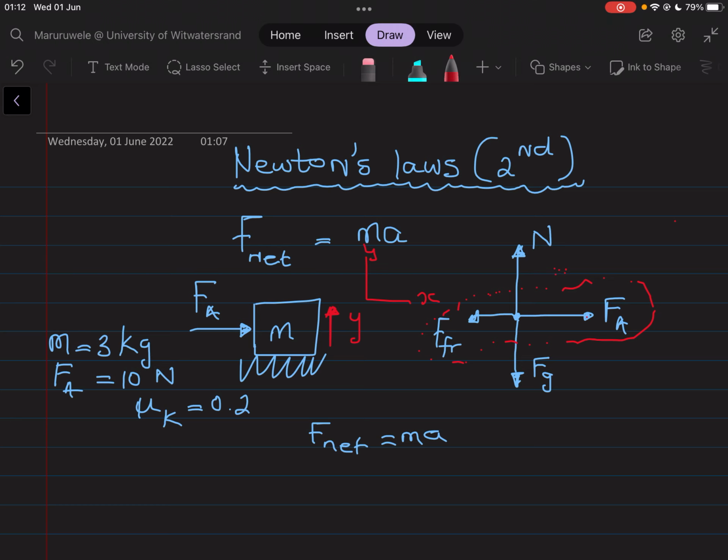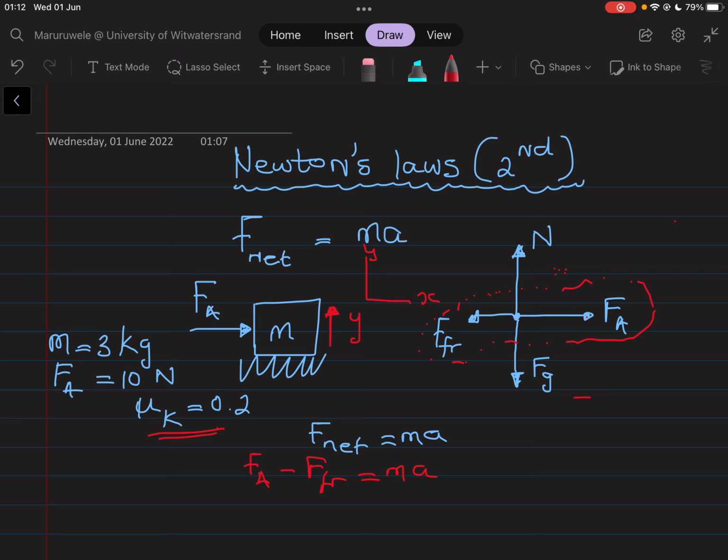So in our case, we're gonna say the applied force minus, we are taking right as positive, minus friction is equal to ma. If you look at what we are given, the coefficient of kinetic friction, mu k.